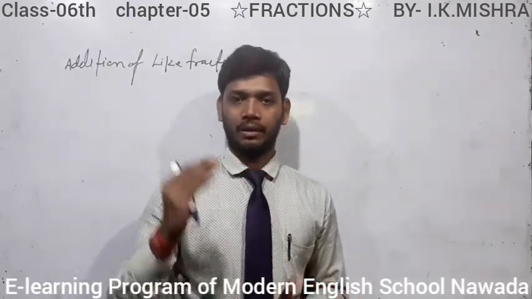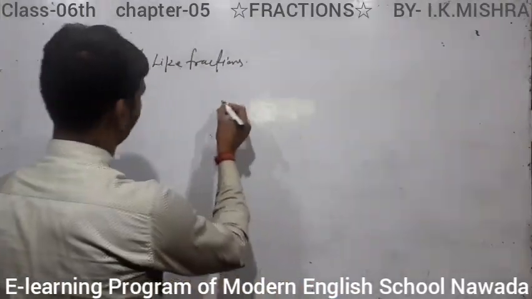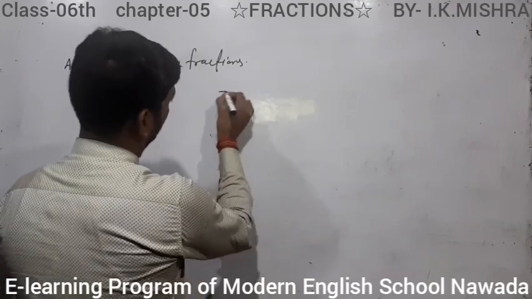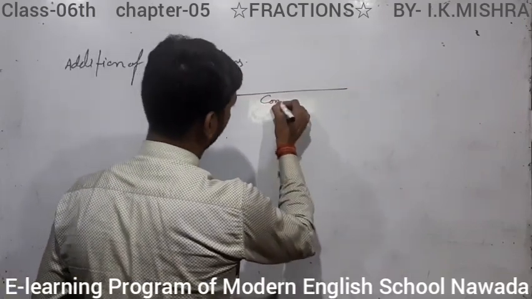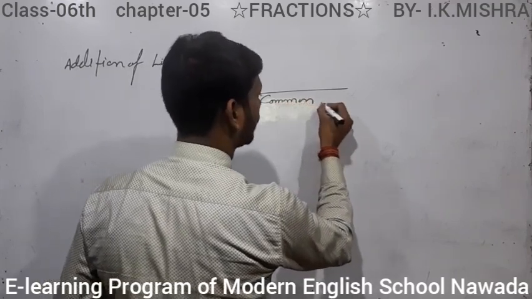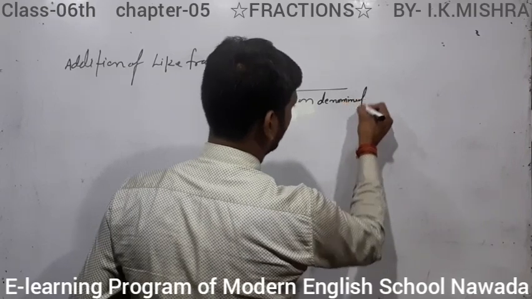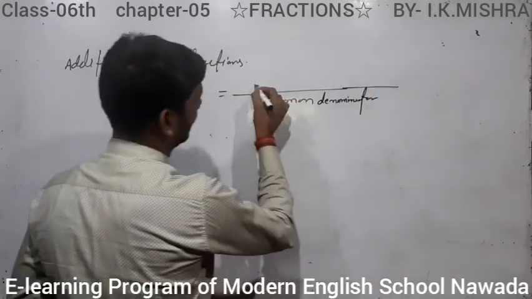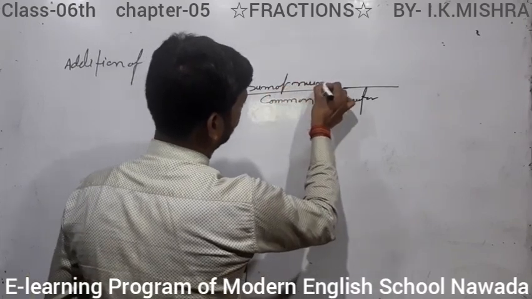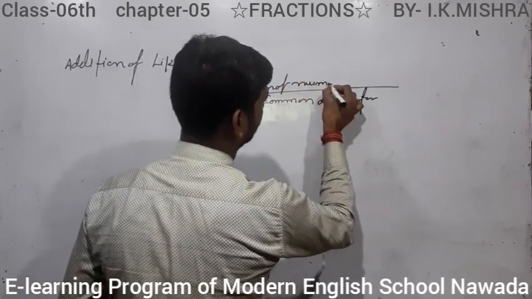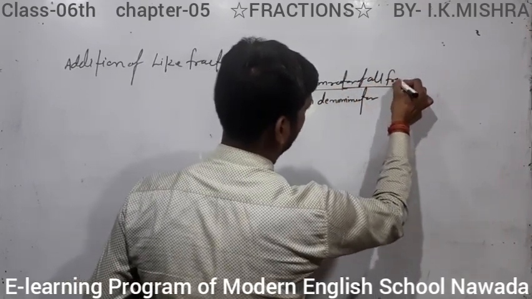So for adding, in the denominator write the common denominator, and above it write the sum of the numerators of all fractions.